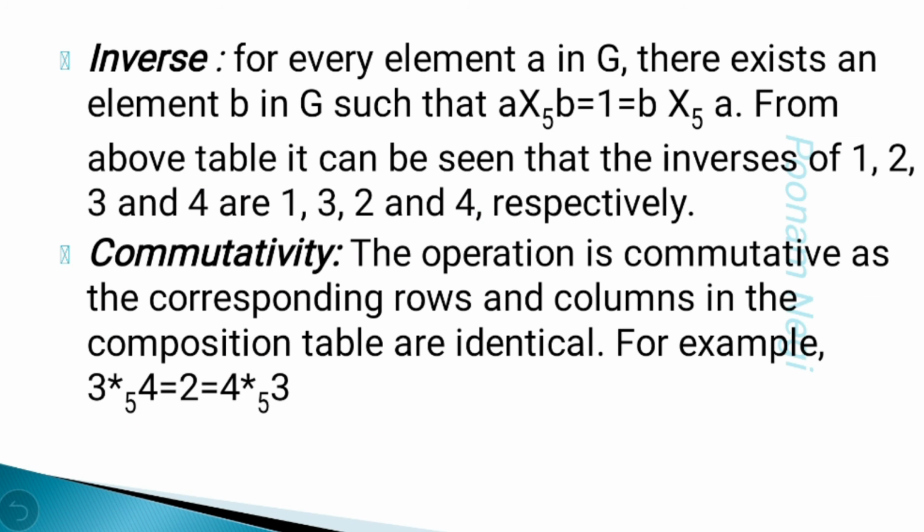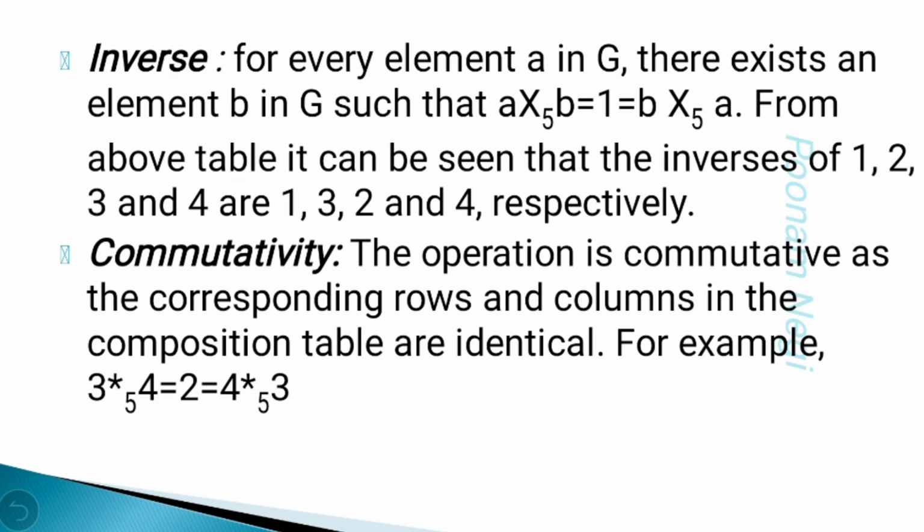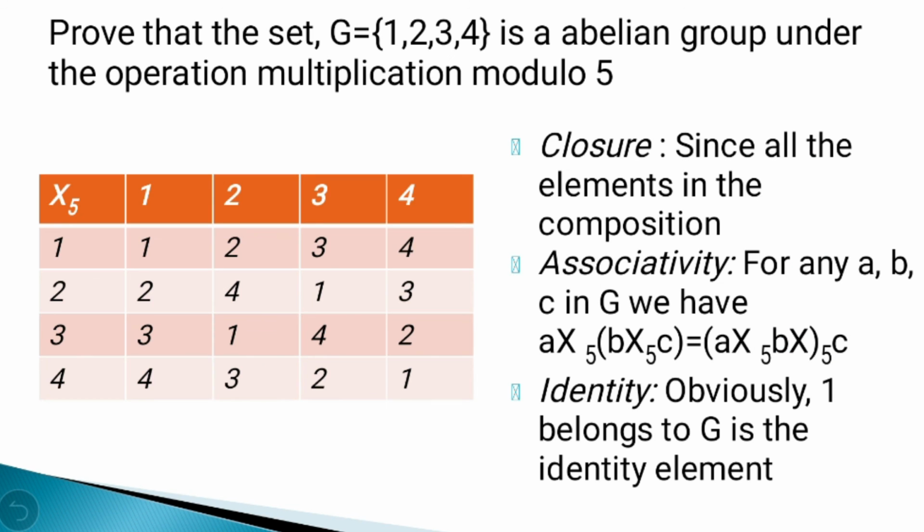The last property is commutativity. The operation is commutative as the corresponding rows and columns in the composition table are identical. For example, 3 ×5 4 equals 2, which is equal to 4 ×5 3. You can easily check it from this composition table.